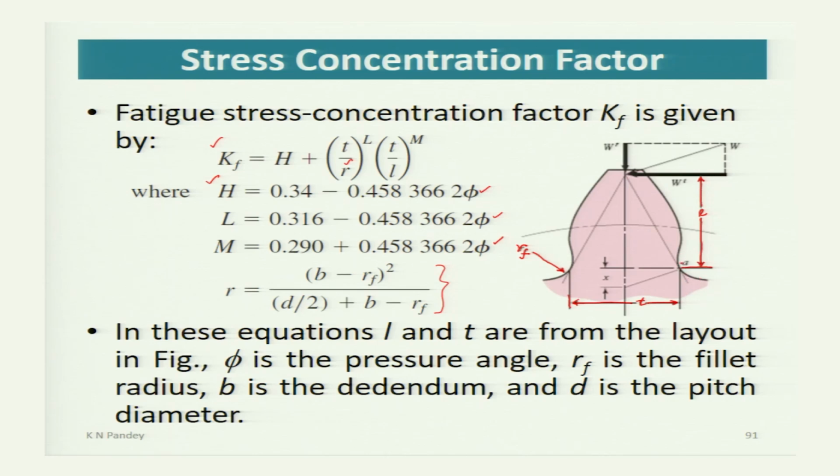So, this a is the point where this line is tangent on the fillet. So, thickness t, l. From that we get the values of H, L, M, r. Substituting them, we get the value of Kf.